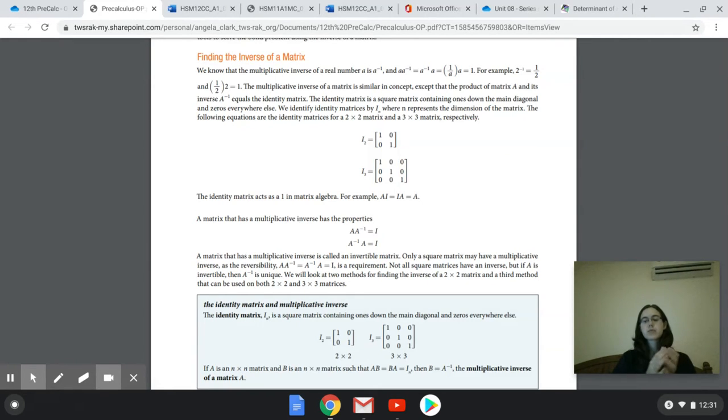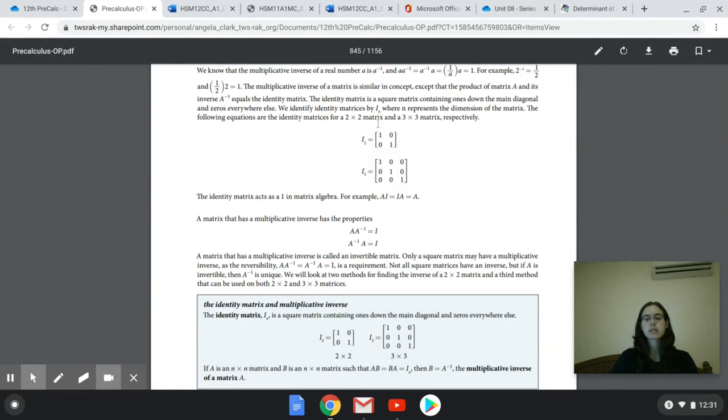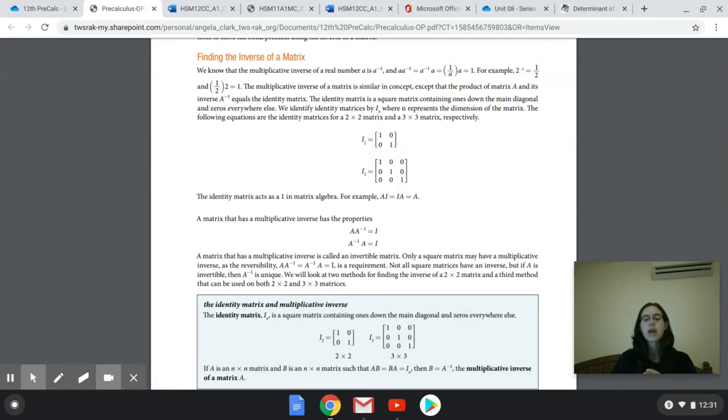So with matrices, we also have an identity, and that's going to look like this. It's going to depend on the size of the matrix, but it's always going to be square, and it's going to be a matrix that's all zeros except for the diagonal.